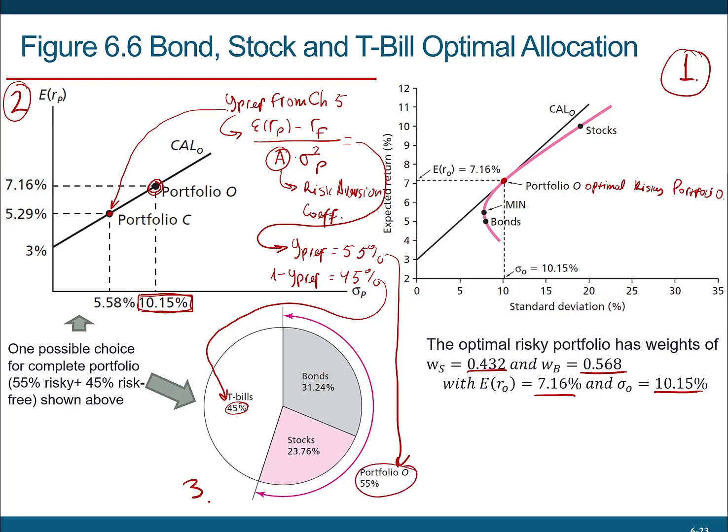So what does the client get at the end? The client gets a portfolio. Here's the pie chart that has 23% overall in stocks. How do we know that? Well, 23% is equal to 0.432 multiplied by 0.55, which equals 0.2376, right?